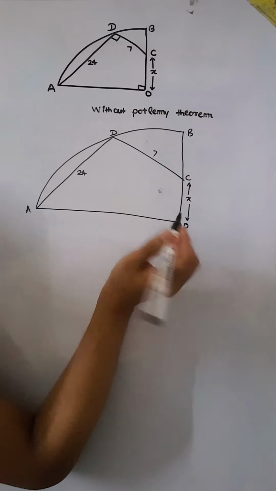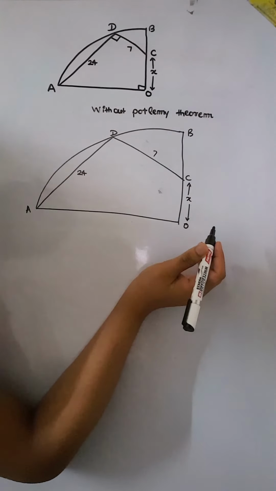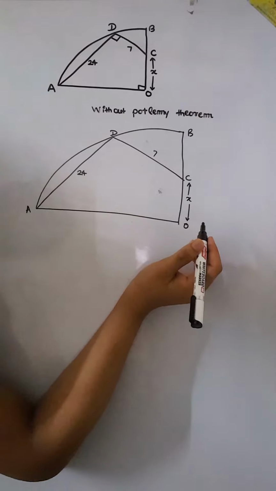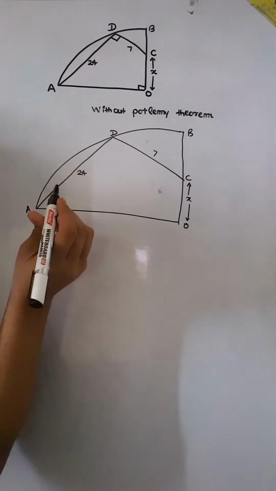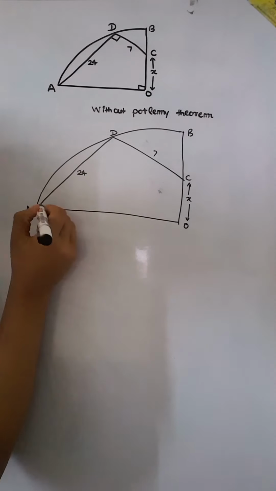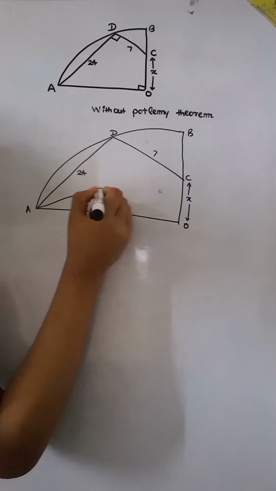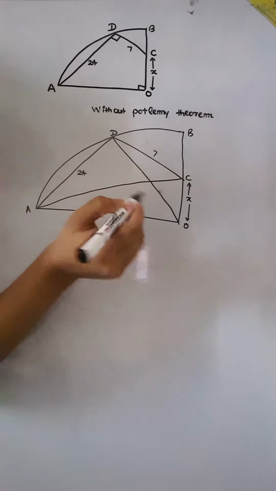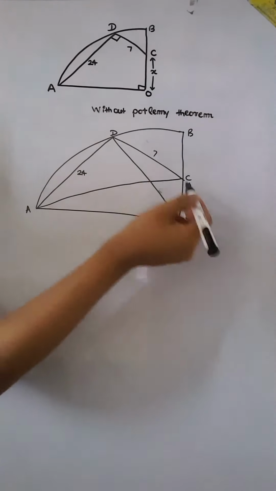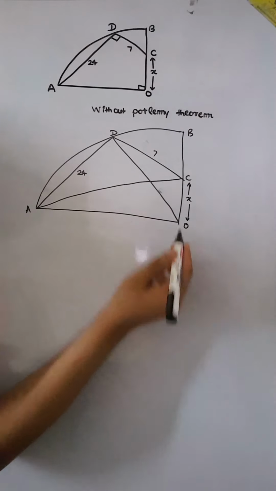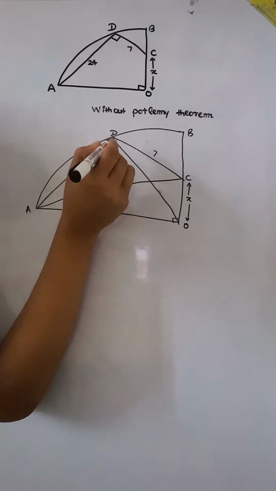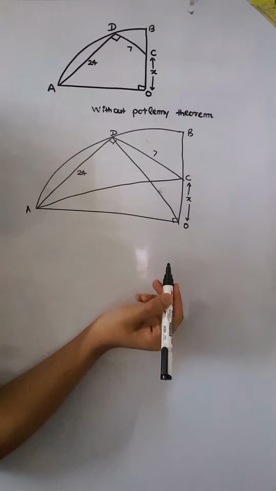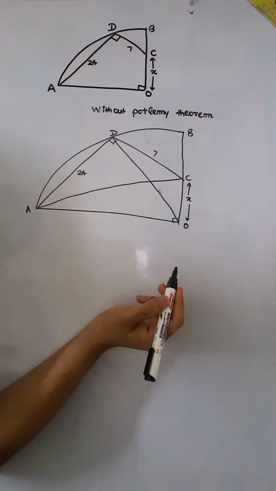So what we can simply do first of all in this case is draw this line AC and this line DO, and this whole thing ADCO is a cyclic quadrilateral because the sum of these two opposite angles is 180 degrees.